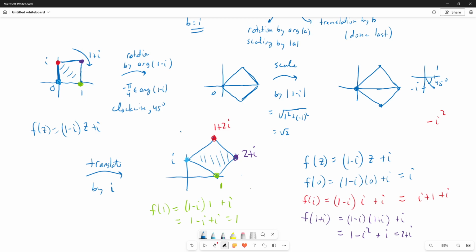So the result is a square. But instead of being 1 unit on a side, it has been scaled by the square root of 2, and we can verify that the side length here is the square root of 2 units.